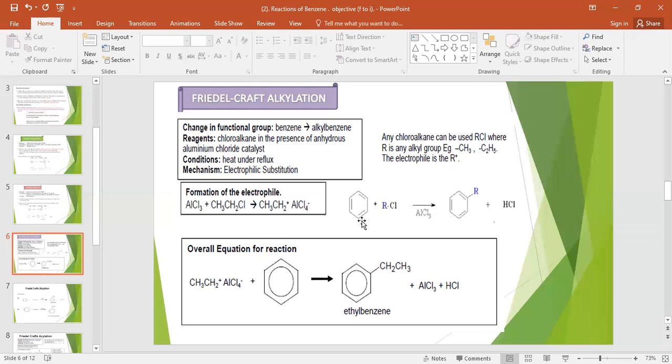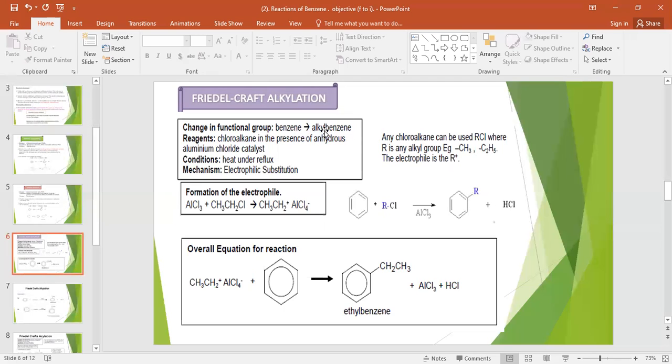Now, benzene plus RCl. R is an alkyl group. You can see the chloroalkanes. The R group will replace one hydrogen from the benzene ring and attach itself in the presence of AlCl3, which acts as a catalyst. So you can see here, this is alkylbenzene because R is an alkyl group.